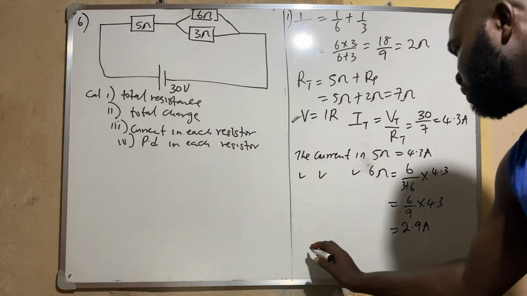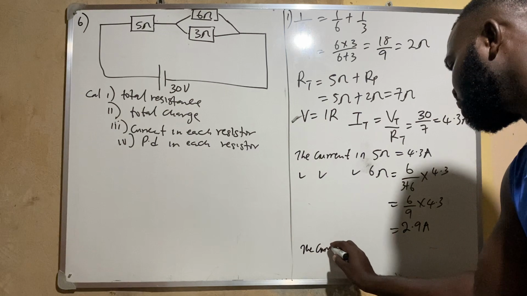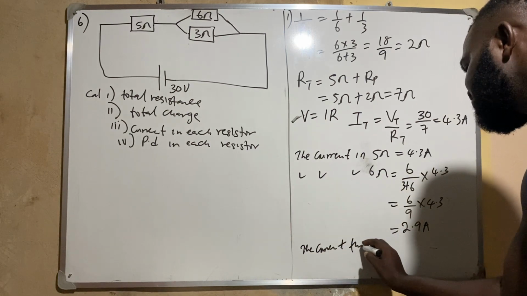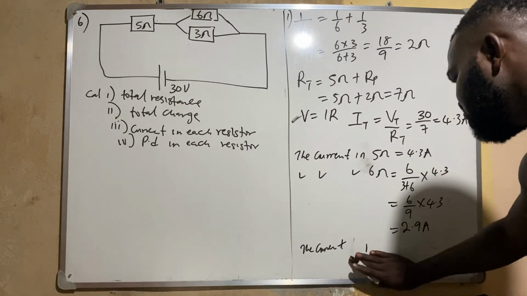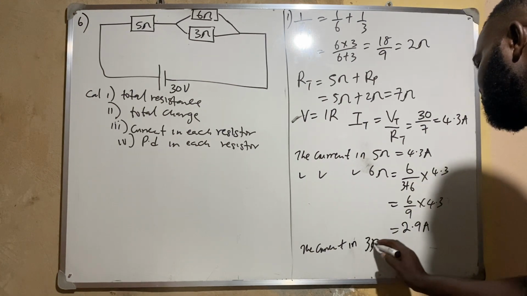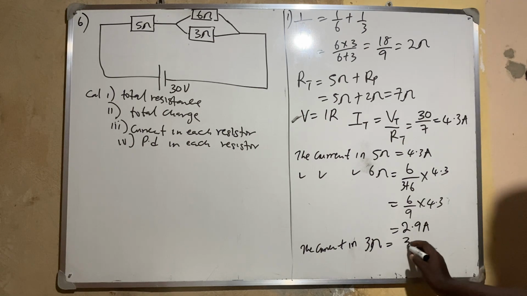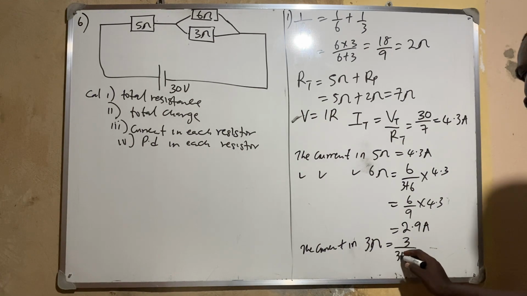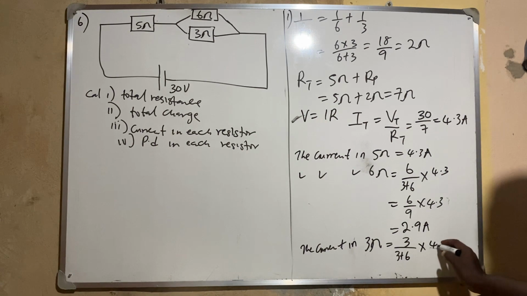Now the current in the other one, the 3 ohms, you can use the same ratio. That is 3 divided by the total 3 plus 6, then times 4.3.